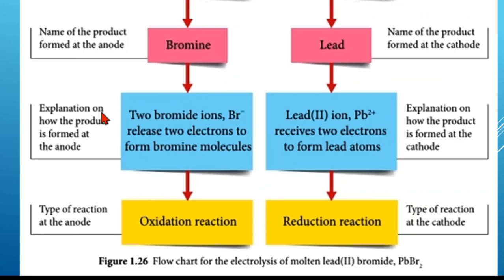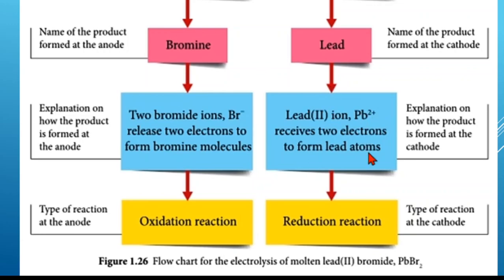Okay. Explanation on how the product is formed at the anode. 2 bromide ion, Br negative, release 2 electron to form bromine molecule, iaitu bromine gas. Betul? Manakala di cathode, lead 2 ion, Pb2 plus, dia receive 2 electron to form lead atom, iaitu lead solid lah, lead metal.